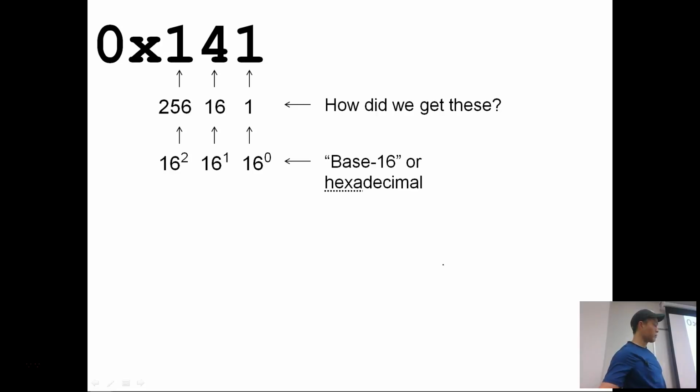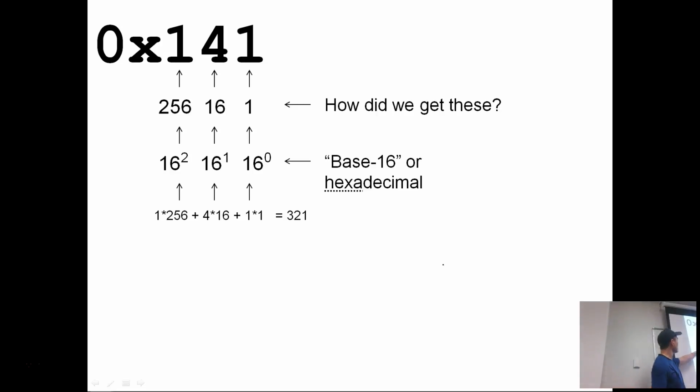So this is where we get base 16, or hexadecimal. And to figure out what this is in decimal, you take the value of the digit, which is 1, multiply it by the position value, which is 256, and add it to 4 times 16, and then add 1 to that, and that gives you 321 as well. Okay?